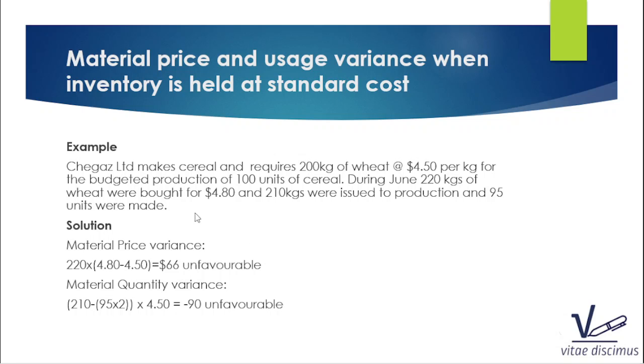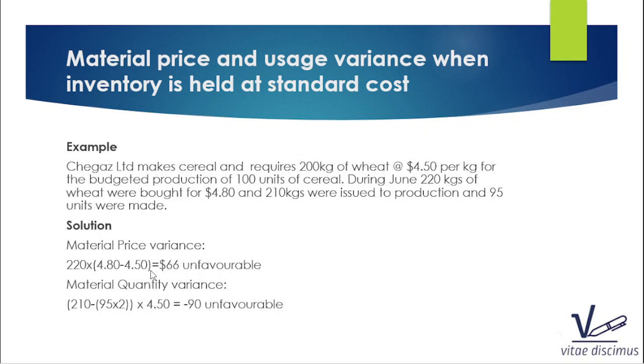Considering that we are holding our inventories at standard cost, when we purchase this material from our suppliers, immediately we are going to have a price variance, because the 220 kilograms that we are buying, we are going to buy at $4.80, but we are recording them at $4.50.